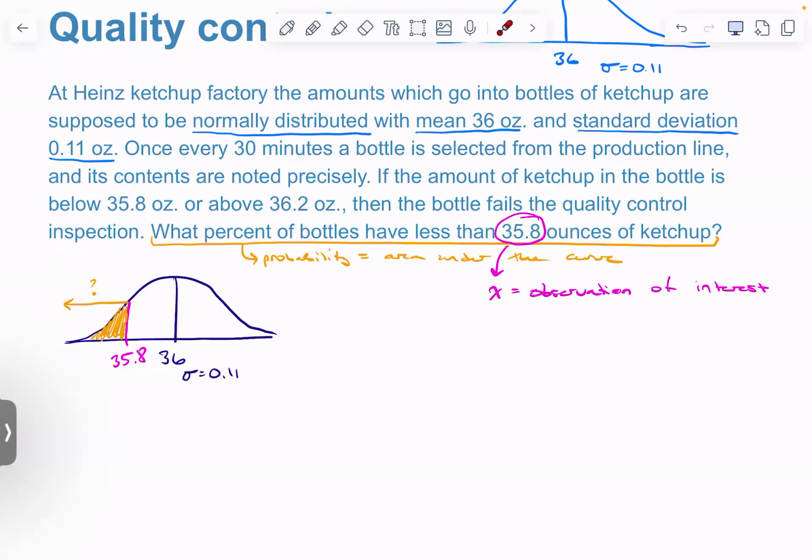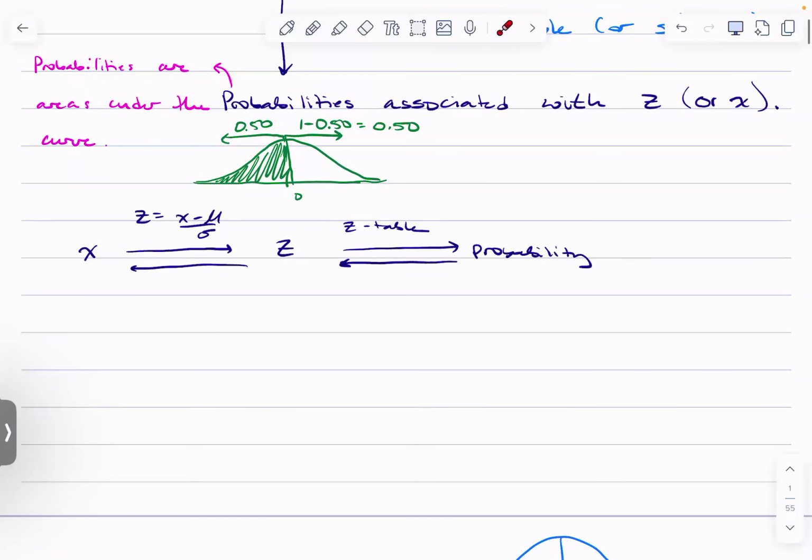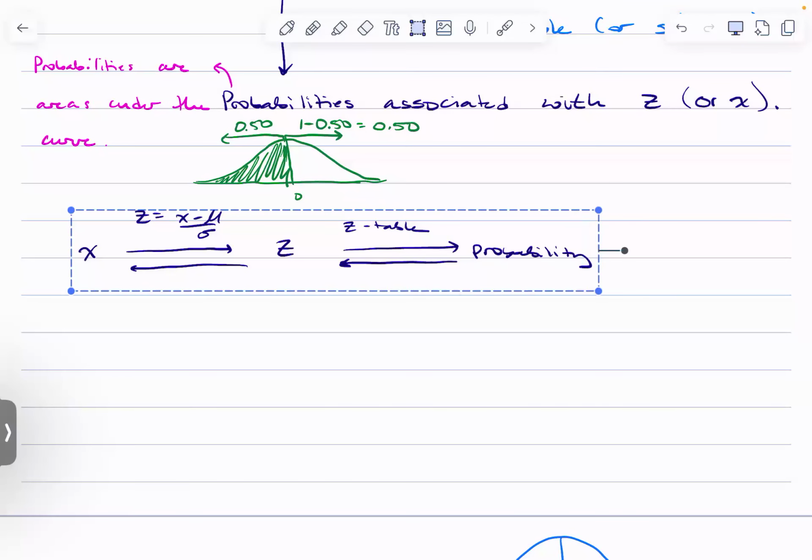So going back to our chain reaction, the X that I'm interested in is 35.8.